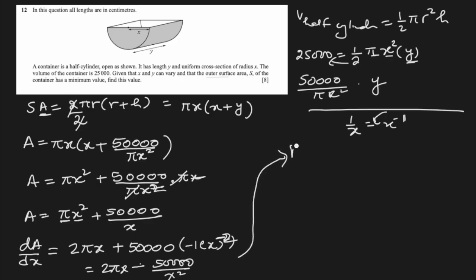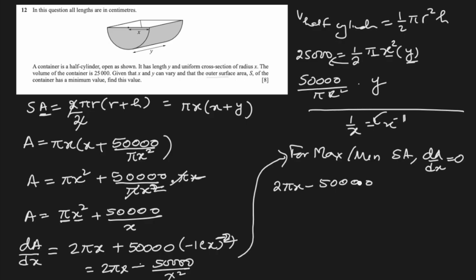Now for maximum or minimum surface area, dA over dx has to be equal to 0. Stationary point we have to find. We'll make it equal to 0. So 2 pi x minus 50,000 over x square is equal to 0. Let's write 2 pi x equal to 50,000 over x square. We want to find x, for which we'll get minimum or maximum surface area.